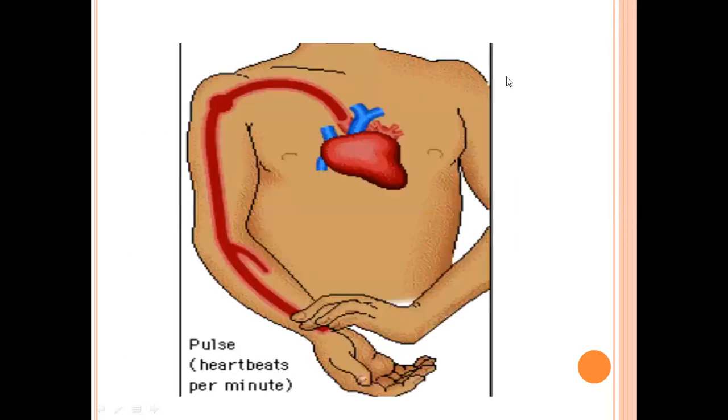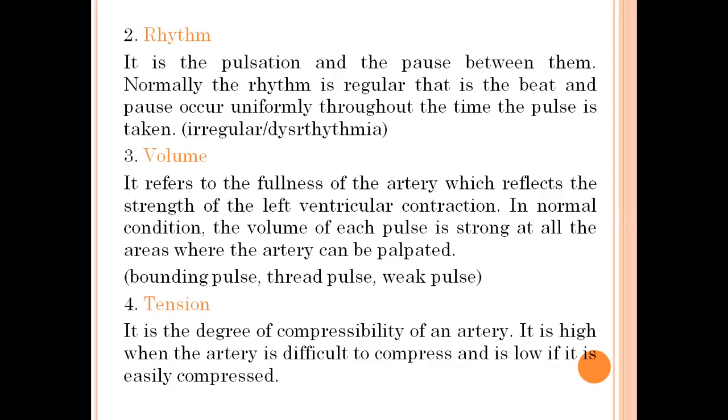So everybody knows how to check the pulse, right? You press on the artery which passes over a bone, and note the number of beats per minute. Rate is how many beats per minute. Now let's see what rhythm is.